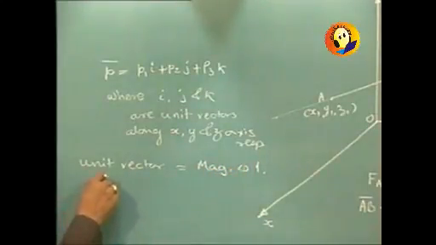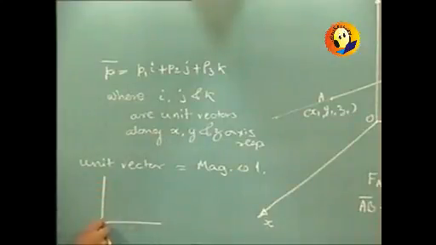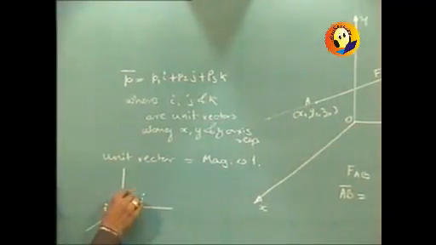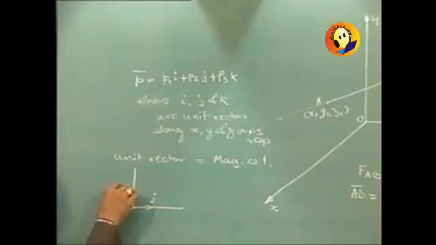So we can simply show the system in this manner. So this will be the unit vector along x-axis, this will be the unit vector along y-axis, and this will be the unit vector along z-axis.